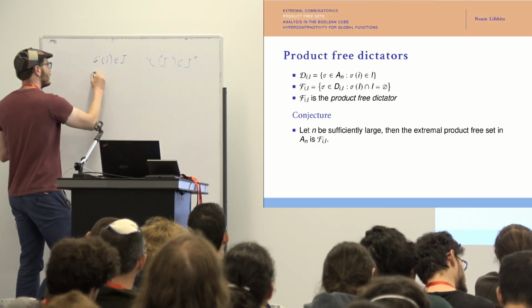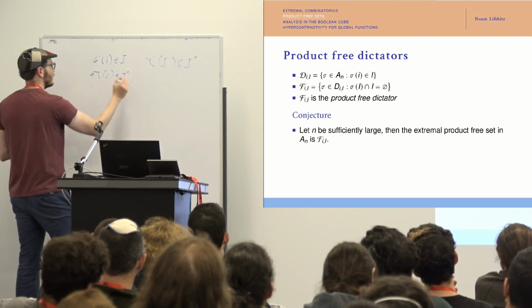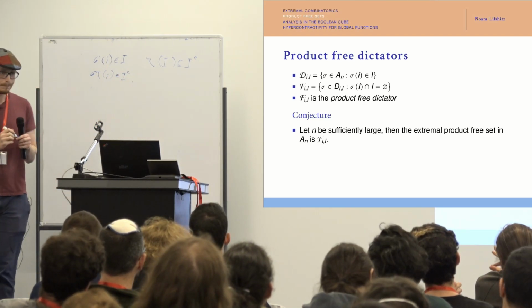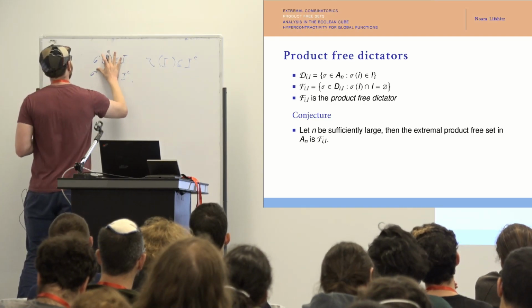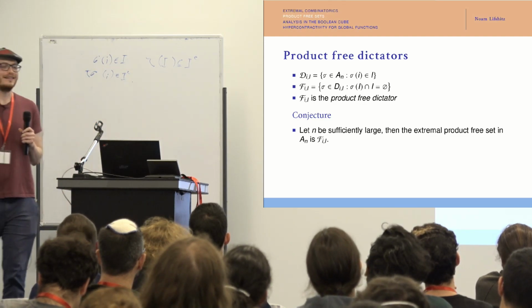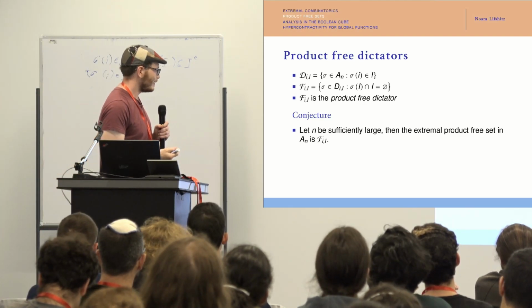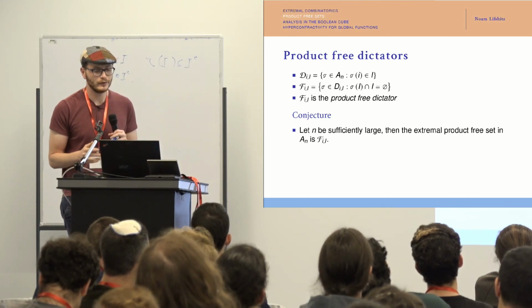And it means that tau sigma of x is in I complement. And we get that this set is product free. Tau sigma, sorry.